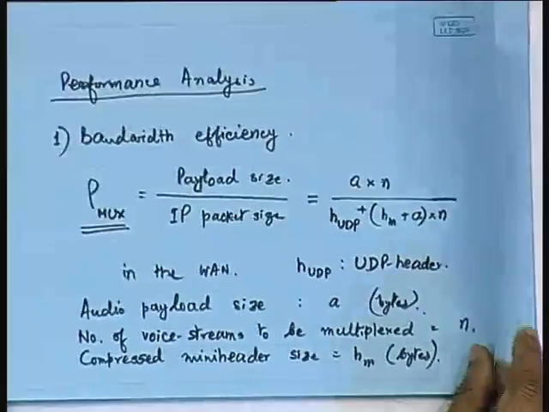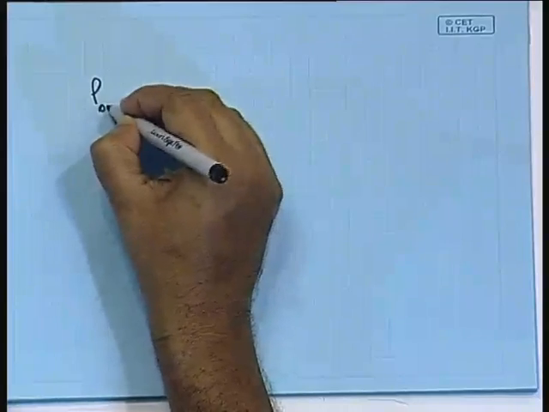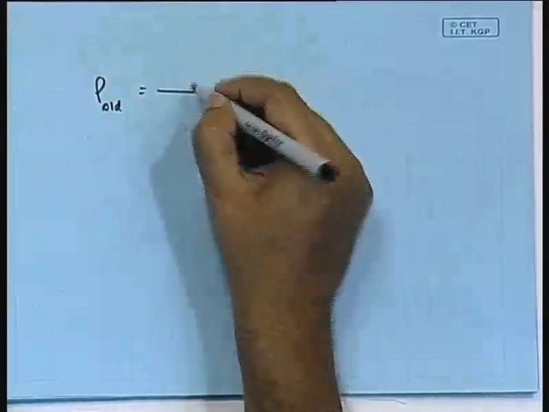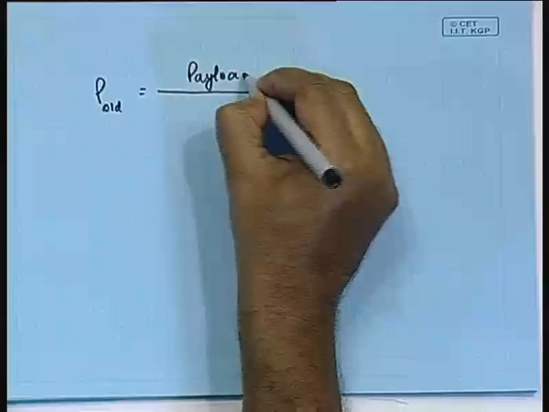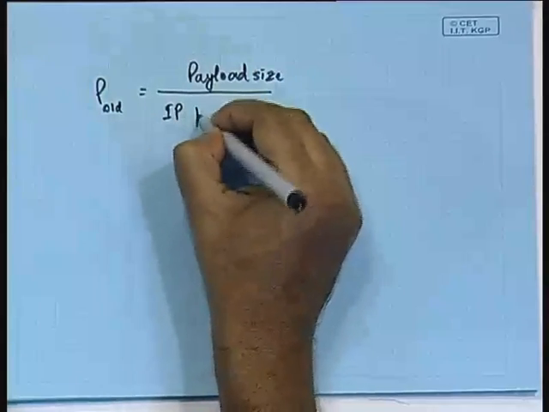Now, if we do not have any multiplexer, that is, a non-multiplexed or the old method, the efficiency we can write as rho old. The rho old will be defined again as the payload size divided by the IP packet size.